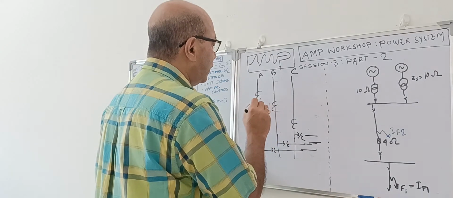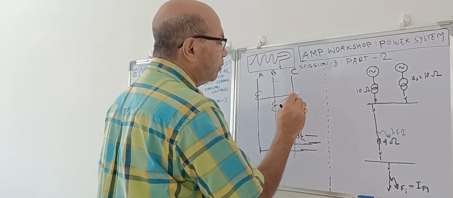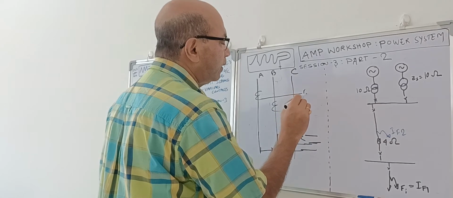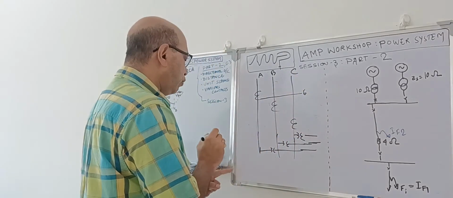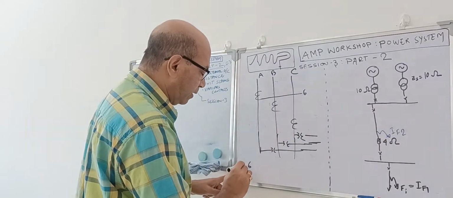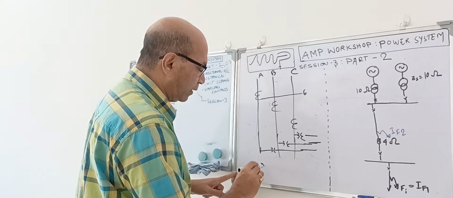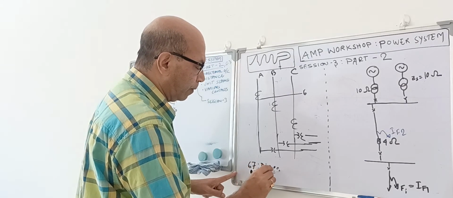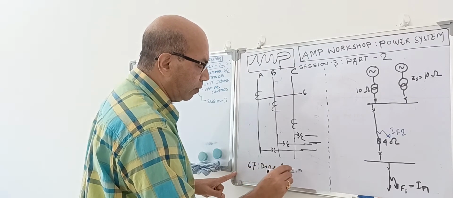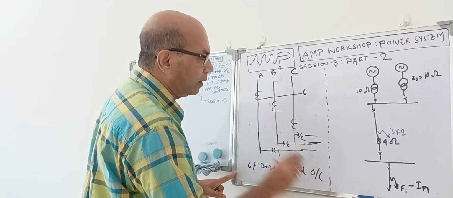Now this CT has a relay. Suppose we call this relay the directional overcurrent relay. The tag is 67, that is the directional overcurrent relay.